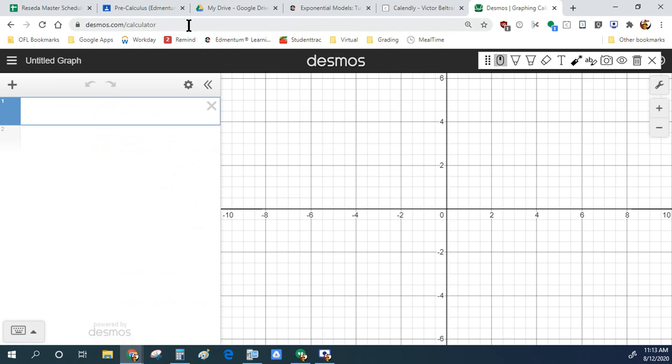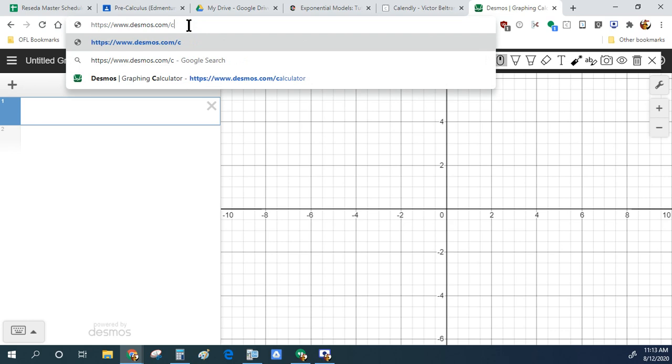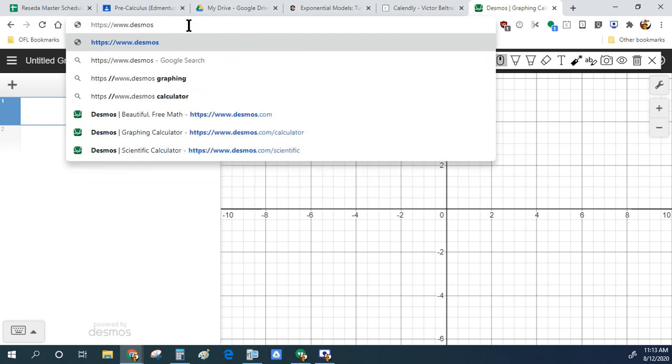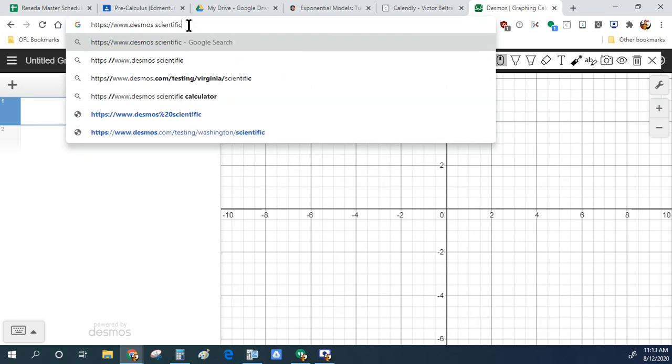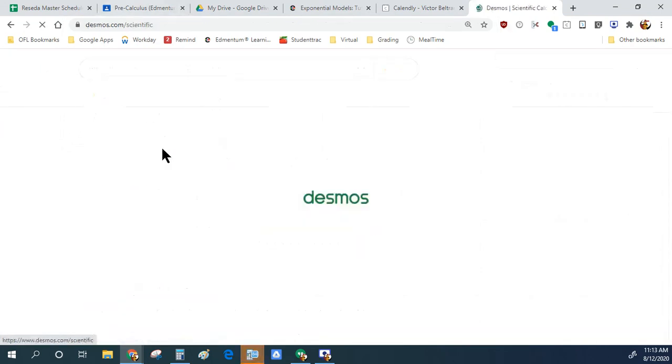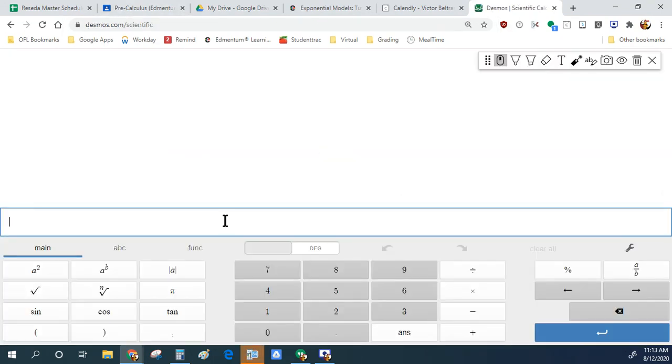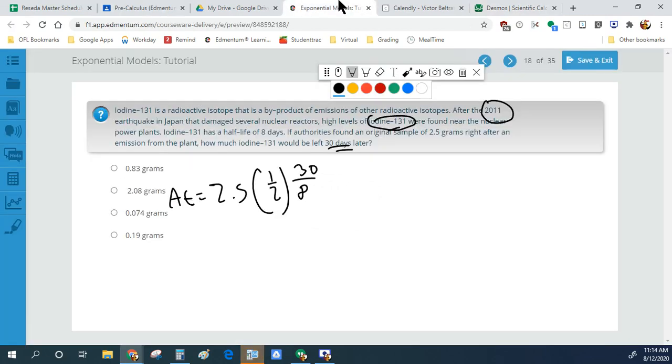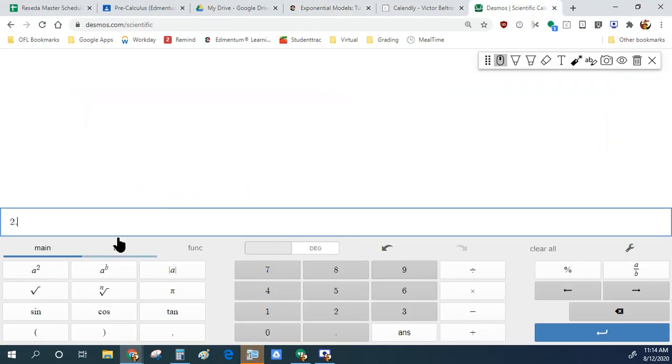Oh, that's a graphing calculator. Desmos scientific calculator. So you can always use this one. I'm not sure how accurate it is, but I'm going to compare it to my Texas Instrument one.